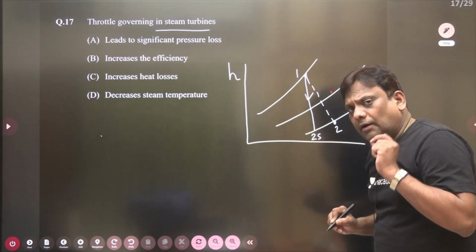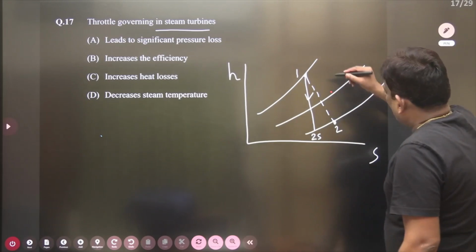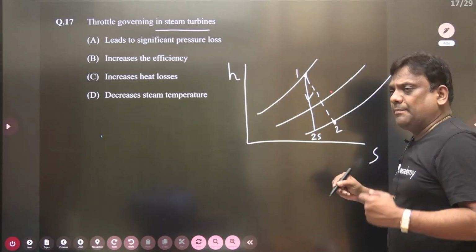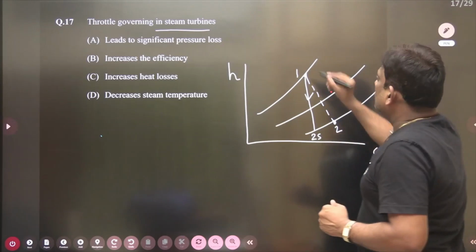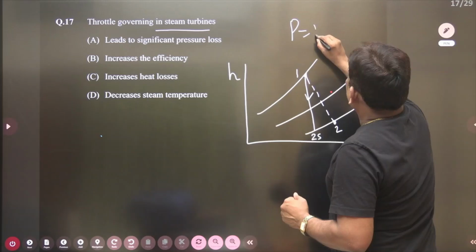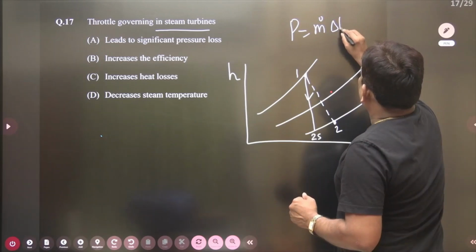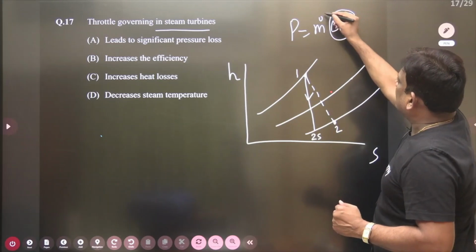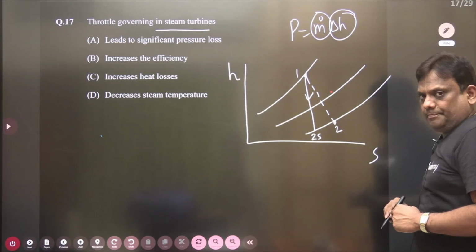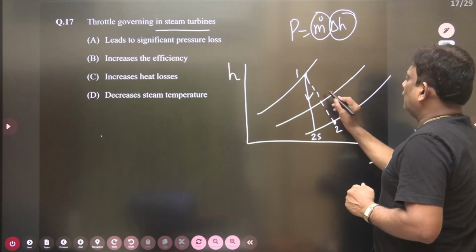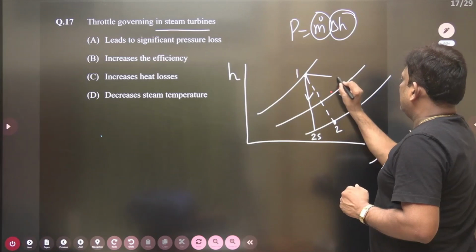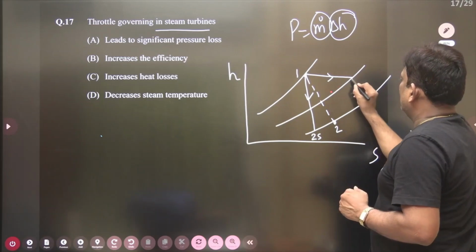In throttle governing, what we do is we throttle. For example, now I want to reduce the power developed. You know the power is given by m dot into delta H. Either you regulate delta H or you regulate m dot. In throttle governing, we throttle the steam from high pressure to low pressure.